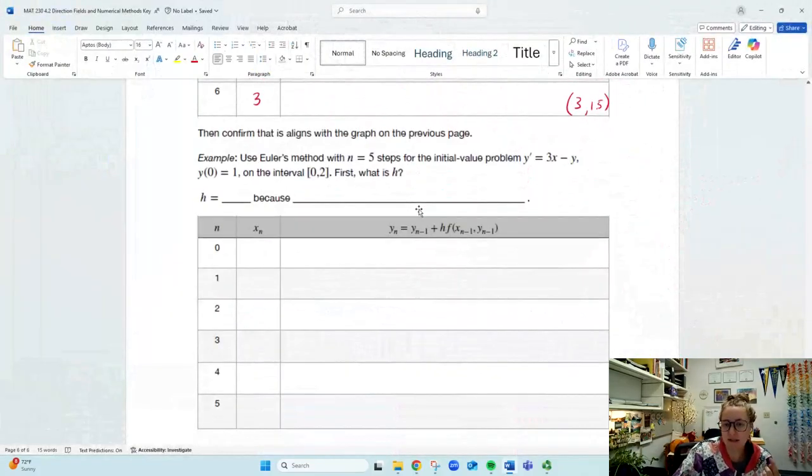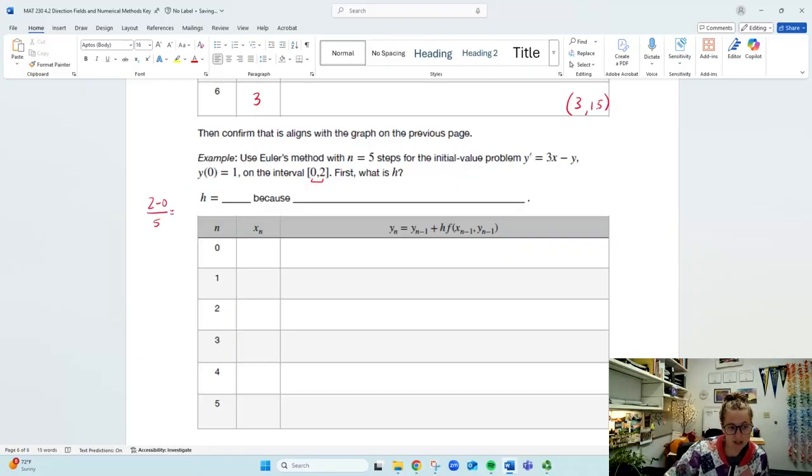Okay, on this next little problem, we're not going to do the whole thing, but I just want to set it up. So let's say we're trying to do this with 5 steps. Over this interval, which is spanning 2, I want to cut that into 5.